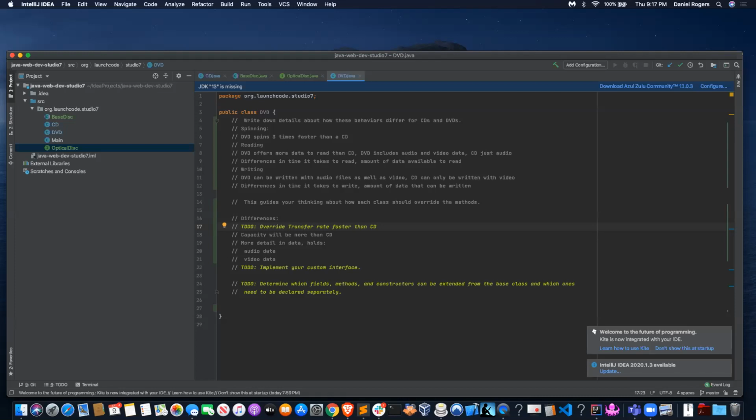So I'm thinking this is something we override. We can override the spin disk method, right?